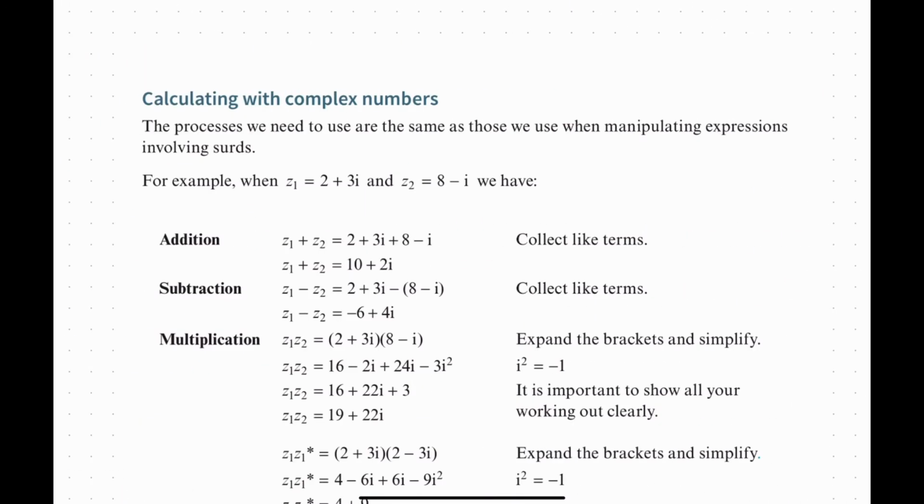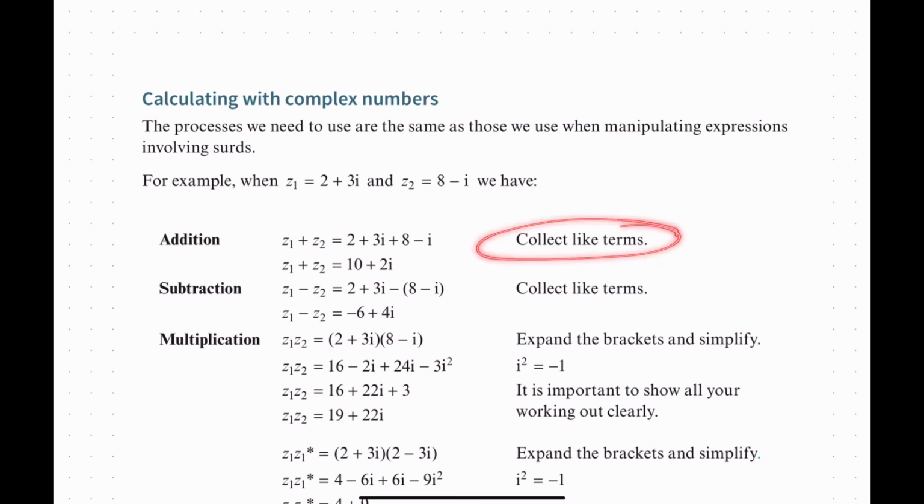Okay, the last thing to look at are the 4 main operations to do with complex numbers. So what happens when you add, subtract, multiply, and divide? If you have z1 and z2, defined by 2 plus 3i and 8 minus i respectively, to add z1 and z2, it's the same as adding the values together to get an overall value.